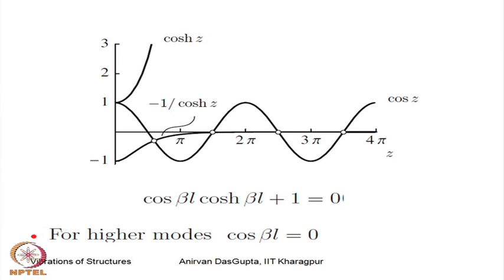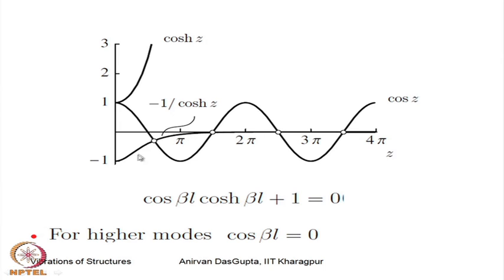So, what we have done is we have written this characteristic equation as cos beta L is equal to minus 1 over cos hyperbolic beta L. And we have plotted cos z and minus 1 over cos hyperbolic z.